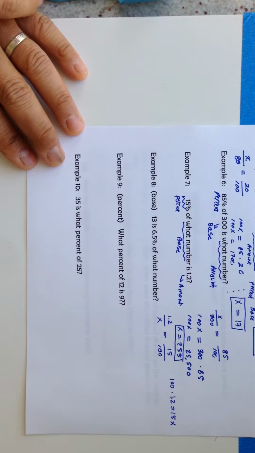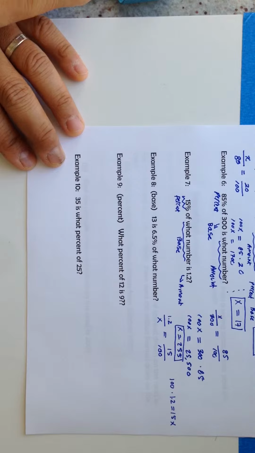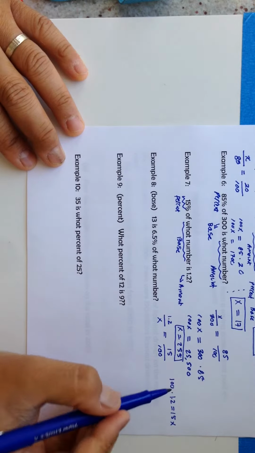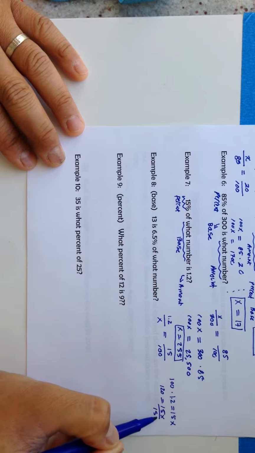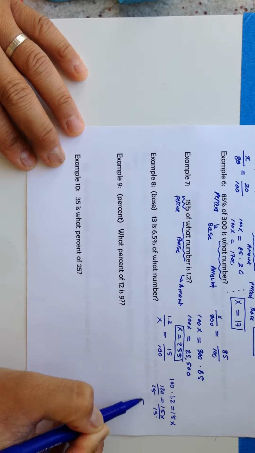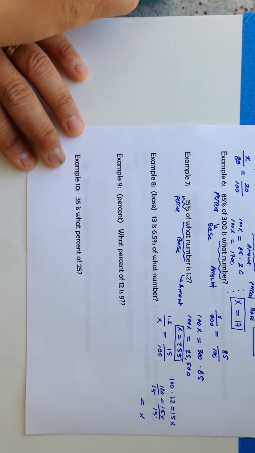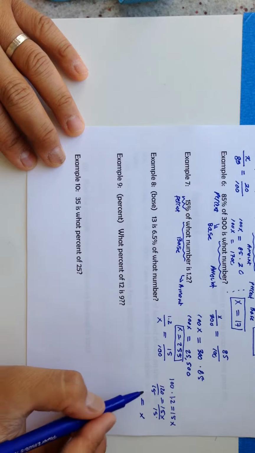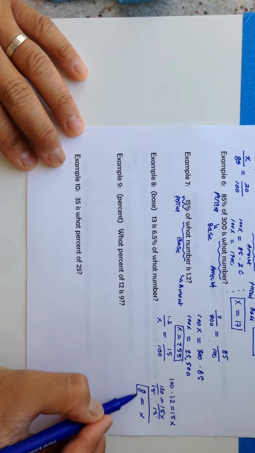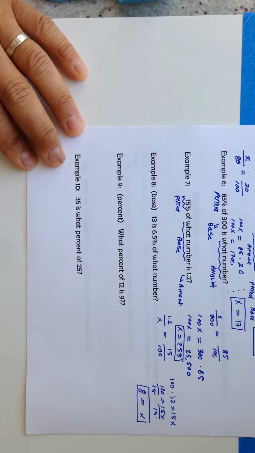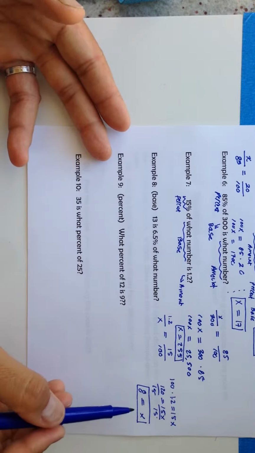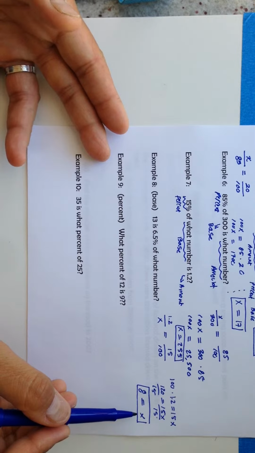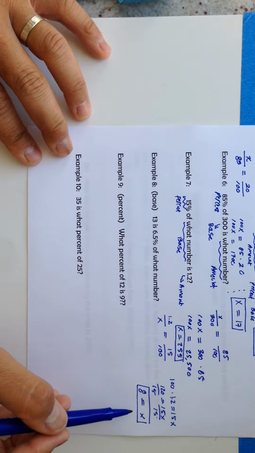15x equals 100 times 1.2, which is 120, and then we divide both sides by 15. Dividing both sides by 15 gives us 8, so x equals 8. In other words, we looked for the base, and if you remember from the previous lesson, that also came out to be 8.